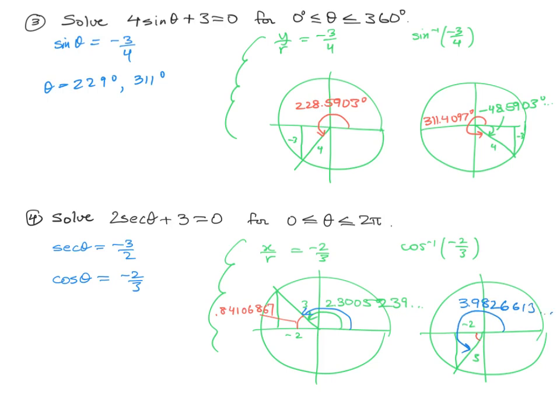And therefore, the angles that we're looking for, theta equals, well, that's 2.30 if I round to 3 sig figs, or 3.98 if I round to 3 sig figs. So again, the cosine inverse or sine inverse or tangent inverse or whatever buttons on the calculator can get you one of the angles. It won't necessarily get you the angle you want, and it definitely won't always give you the reference angle.